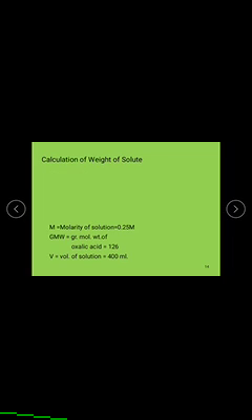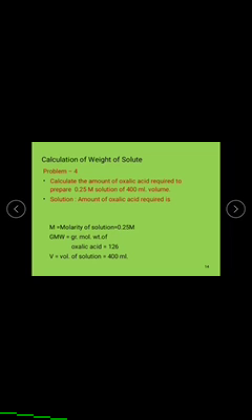Now the next one is calculation of the weight of the solute. The problem is: calculate the amount of oxalic acid required to prepare 0.25 M solution of 400 ml volume.